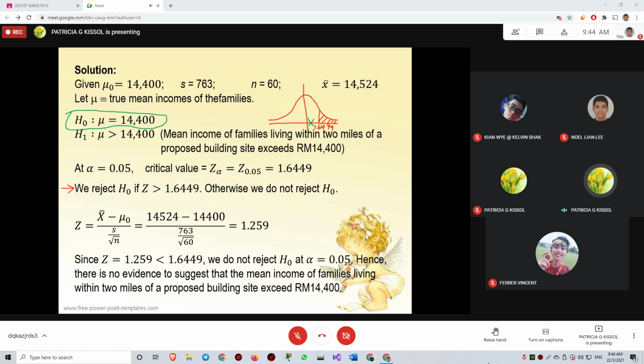Meaning it's the same. It doesn't give us any increase in the income of the families. Even though you have a new building site, it will not increase the income of the families. Is that clear, class?